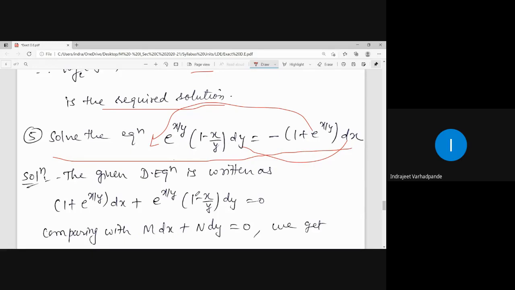So the given differential equation is written as 1 plus e to the power x by y dx plus e to the power x by y into 1 minus x by y dy, this term as it is, equal to 0.